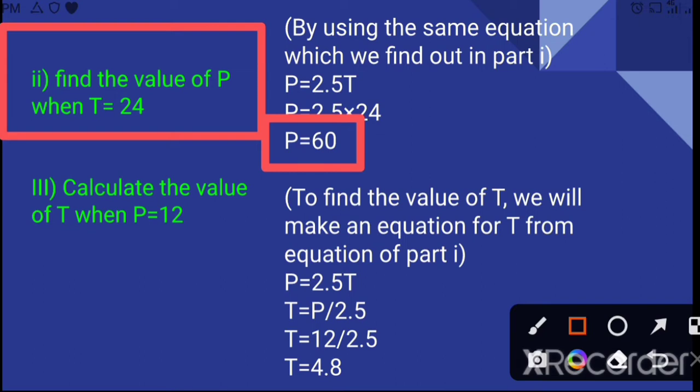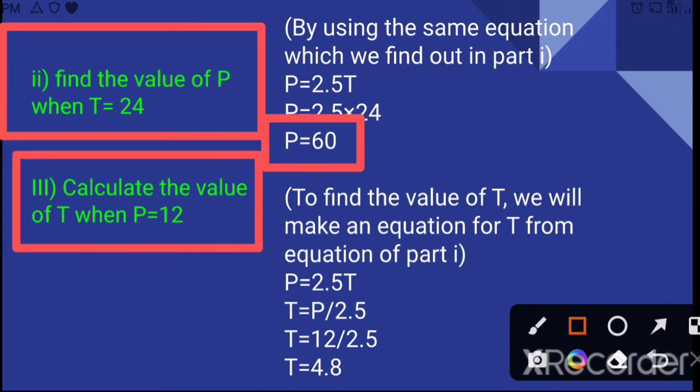Now the third part of this question is: calculate the value of T when P is equal to 12. So here we have to calculate the value of T when P is equal to 12.